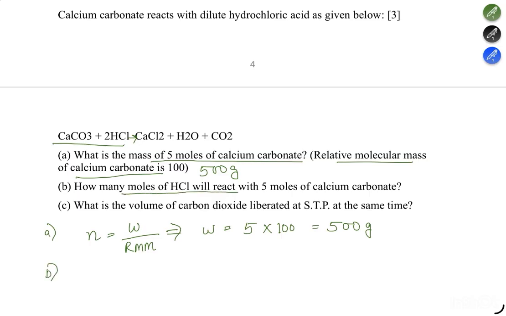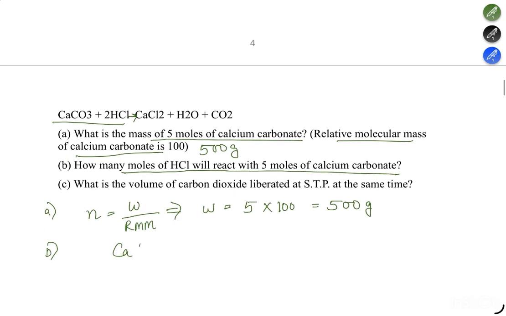How many moles of HCl will react with 5 mole of calcium carbonate? Now it is comparing the calcium carbonate to HCl. So we have to refer to the balanced equation where I can see 1 mole of calcium carbonate is reacting with 2 moles of HCl.